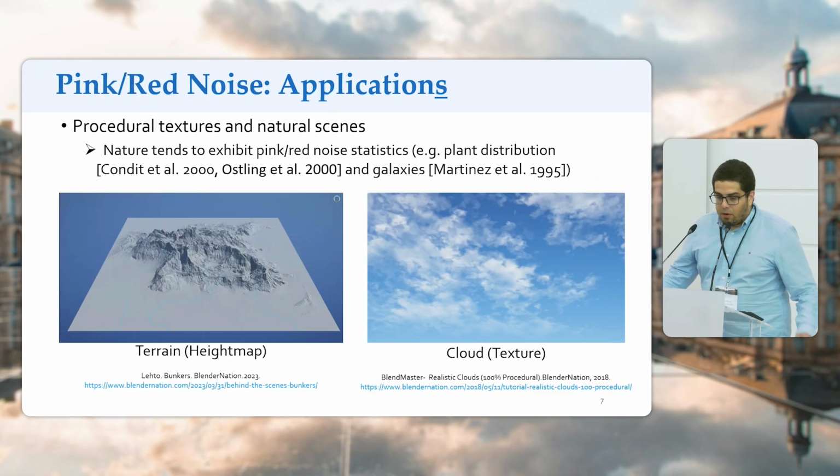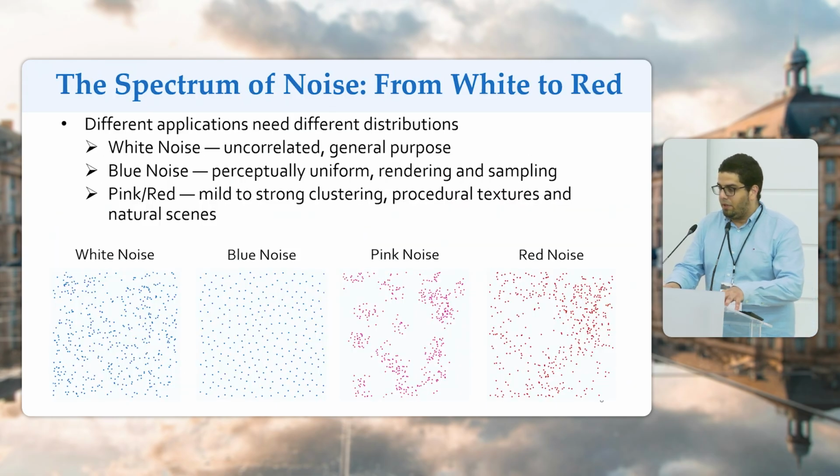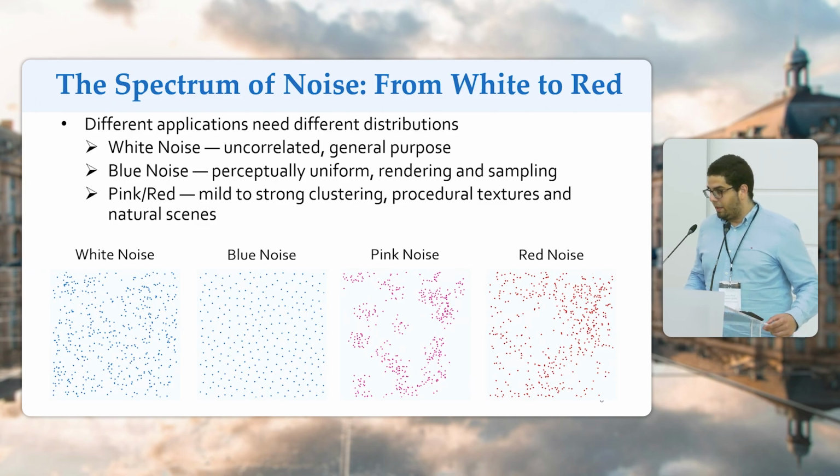Okay, so now let's have a recap of these three types of noise. White noise is uncorrelated and is what is commonly used because it's easy to compute. Then we have blue noise that is perceptually uniform and is used in rendering and sampling. And then we have pink and red noise, where pink is basically mild clustering and red noise is strong clustering.